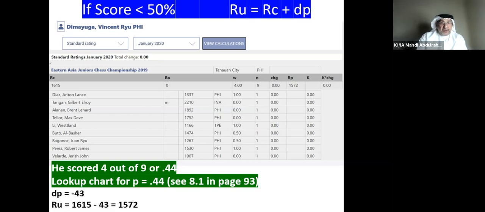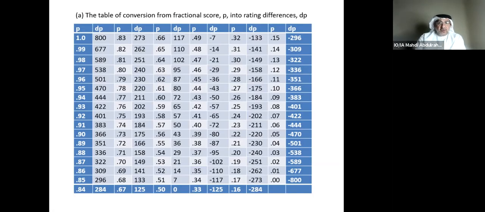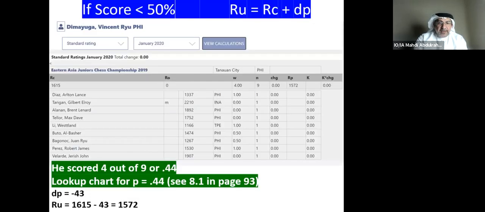Then we go to the table. Look where is 0.44. If we come here, we can find 0.44 and DP. What is DP? DP, difference point, is minus 43.